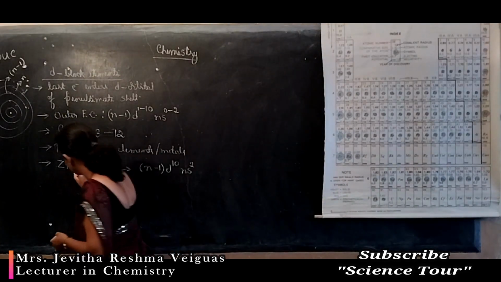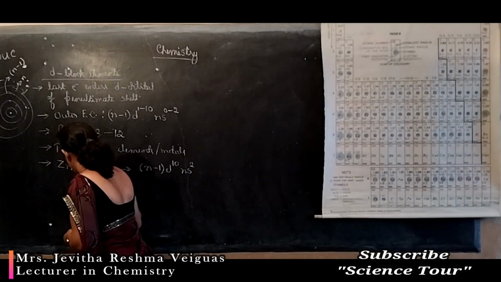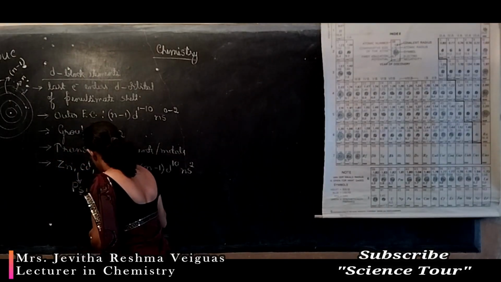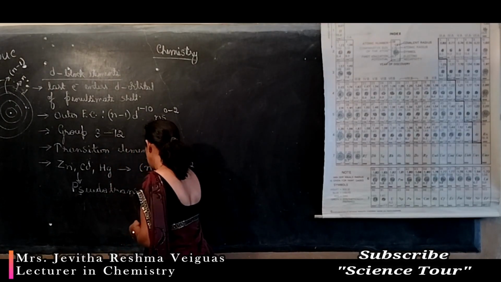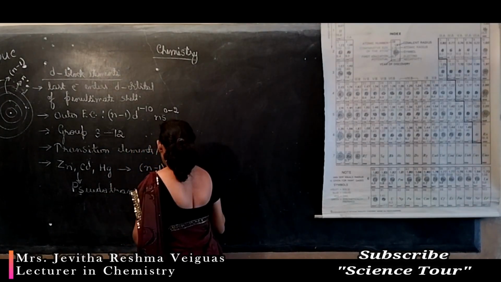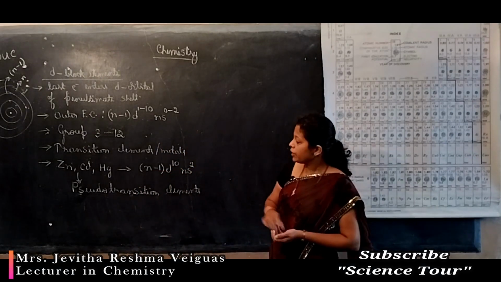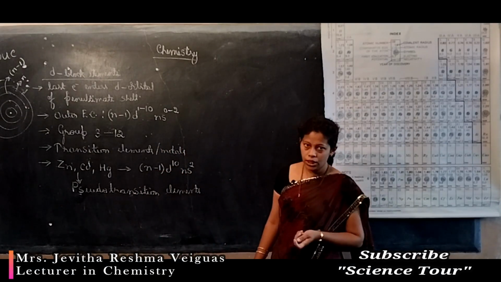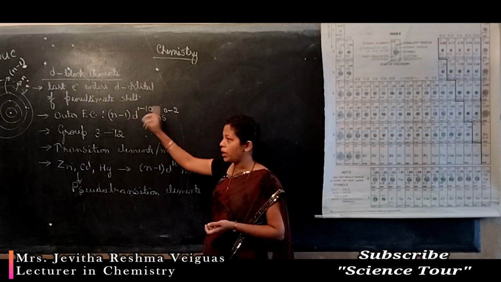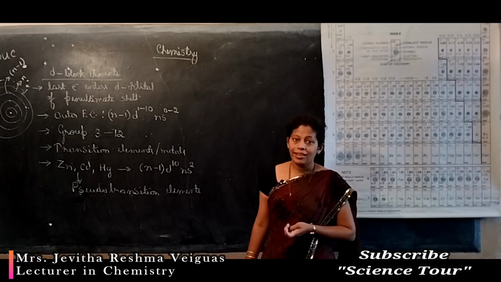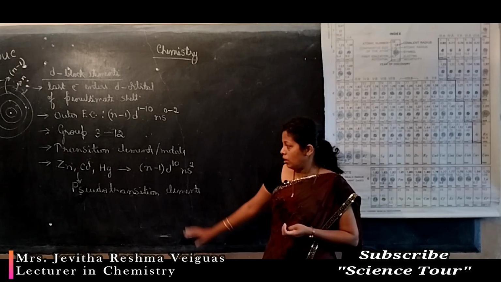These elements are called pseudo transition elements. Why? Because they have completely filled D orbitals. If the D orbital is partially filled, that is, if they have 1 to 9 electrons in the D orbital, they are transition elements or D block elements.